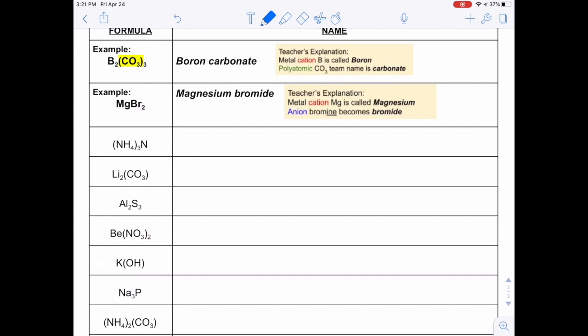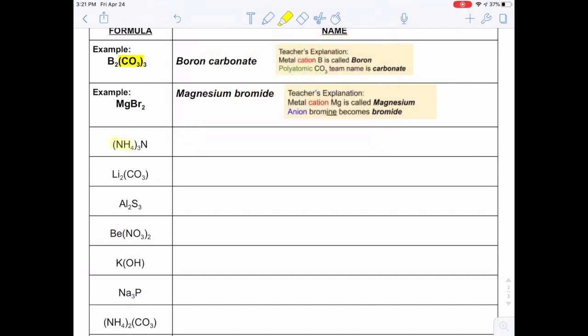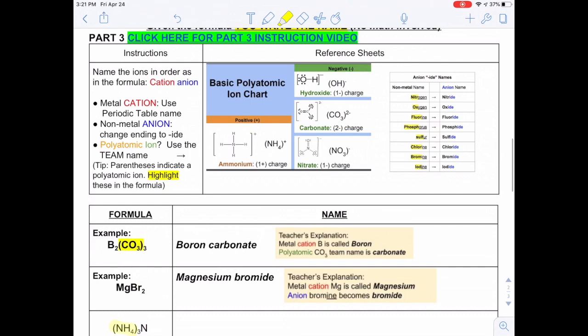I see a parenthesis, so I'm going to highlight that so I don't miss it. So NH4 is a polyatomic ion. For polyatomic ions, I'm going to look on the basic polyatomic ion chart, and here's NH4, and it's got the name ammonium.